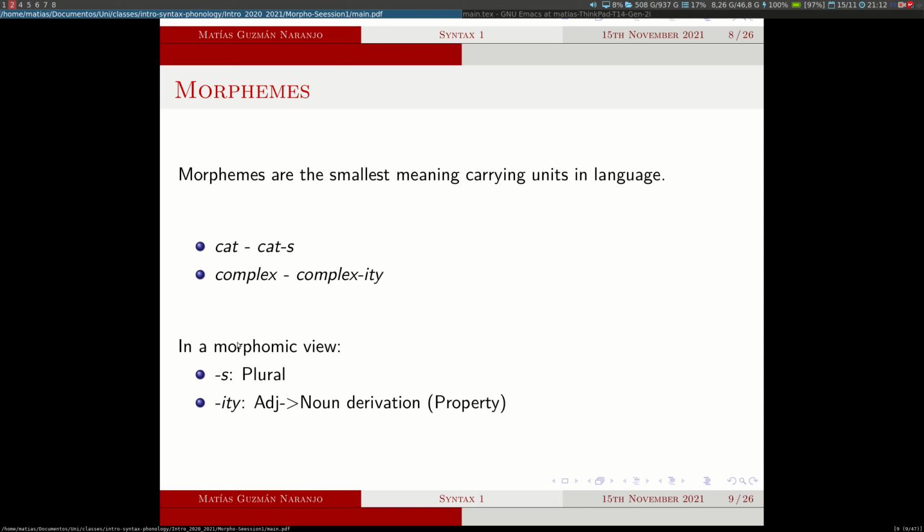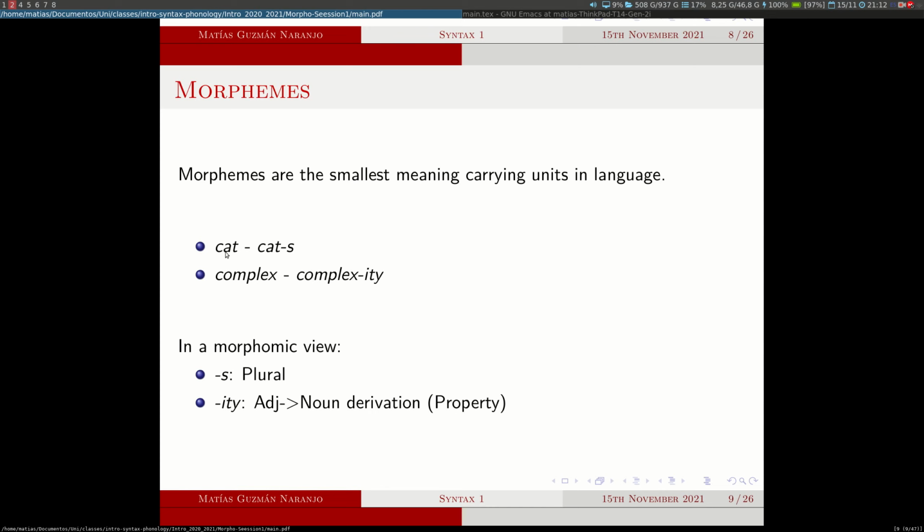Alright, so what are morphemes? Well, morphemes are the smallest meaning carrying units in language. Here are two simple examples. If you compare words like cat to cats, or complex to complexity, you intuitively should be able to see that you can segment them into pieces.